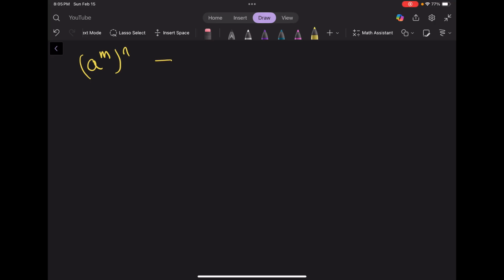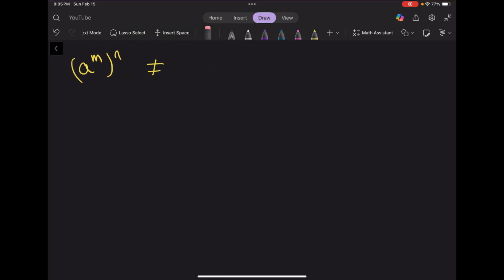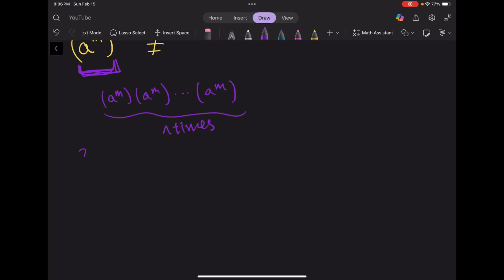So this is not the same thing as the a to the m plus n rule. They're very, very different. This rule is very focused on what the base is. So we have a to the m, n times, however many times it is. For example, 2 to the second power to the third power.